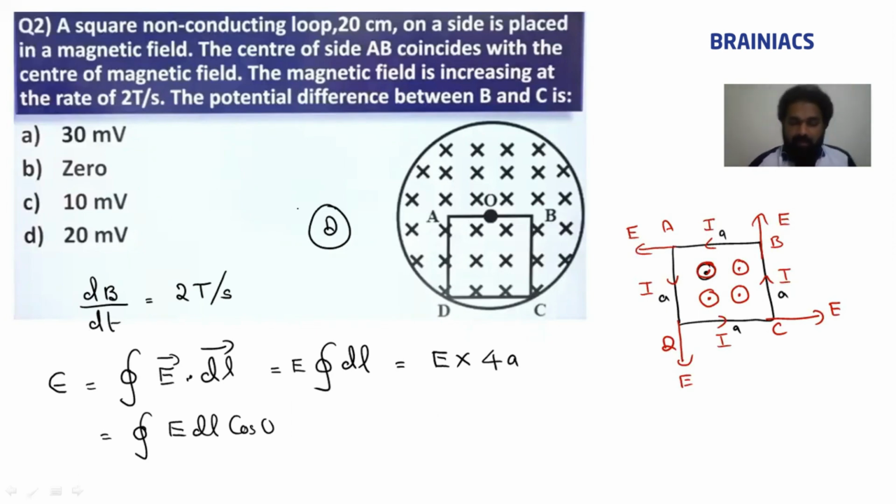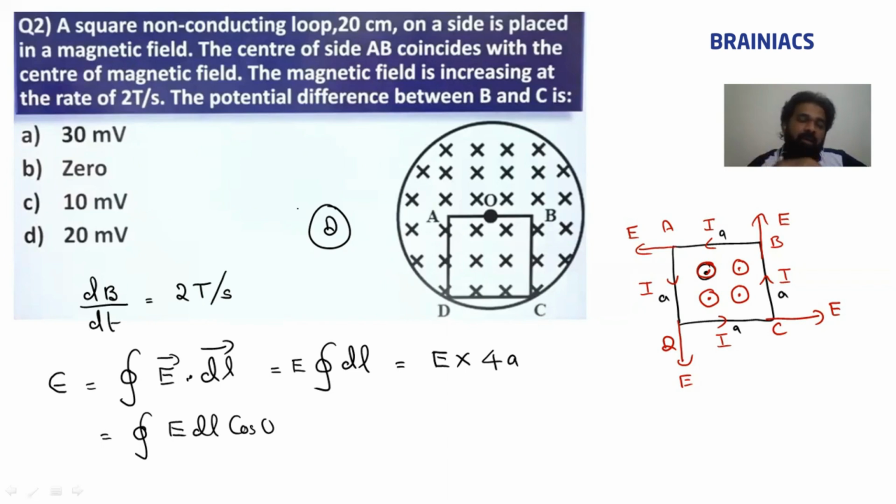So children, I will discuss this question once again. They have given a cylindrical region where magnetic field is there, which is increasing. They have kept a non-conducting loop there. We need to find the potential difference between B and C. So how will we find the potential difference? For that purpose, we find the EMF using the formula line integral of E dot dl.